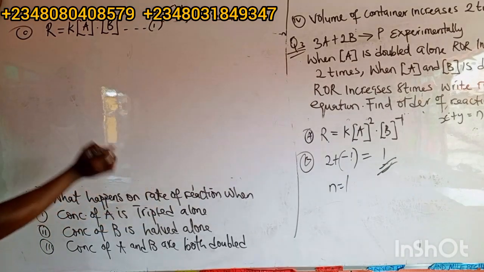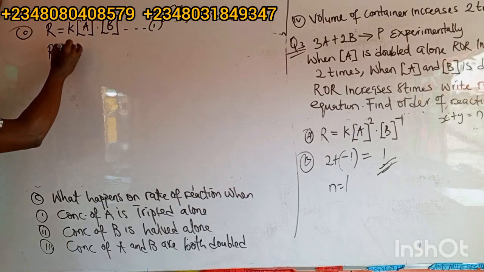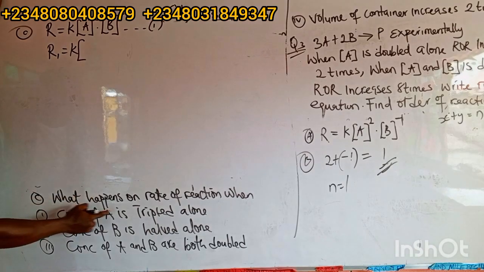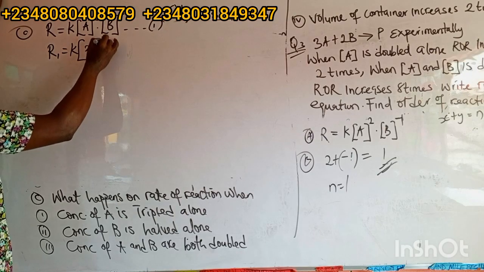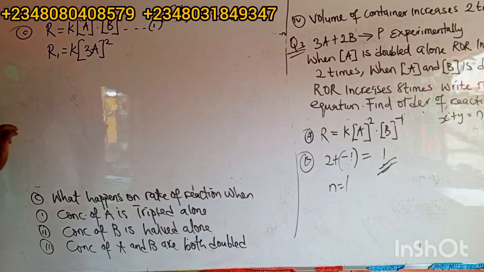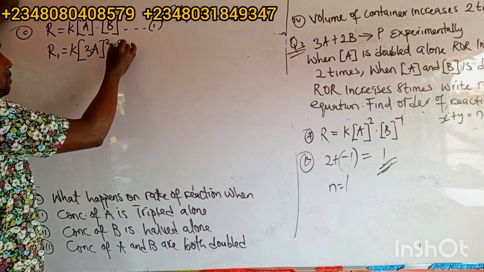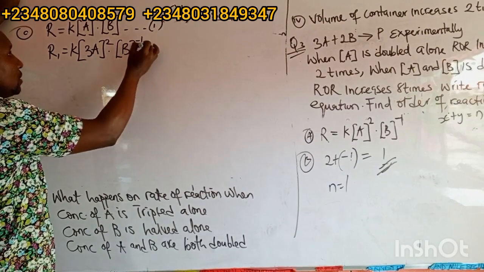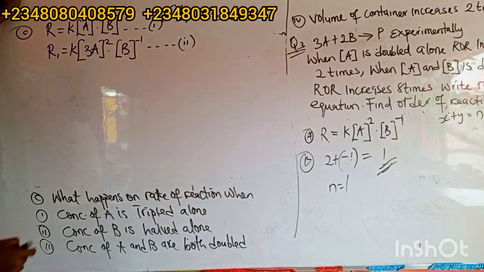When A is tripled only, I have R1. That means 3A raised to power 2, only A is tripled. Then I still have my B like this. Let me call this equation 2. What happened to the rate of reaction?